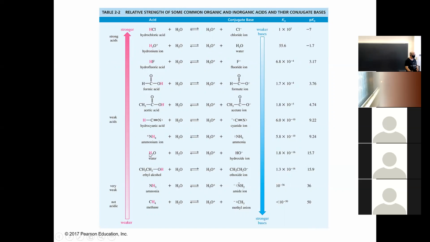It's a little more than halfway down the chart. Anything down here, ethoxide, amide, methyl anion, cannot exist in water. If you put those salts in water, they're immediately going to grab a hydrogen from water and become hydroxide. So hydroxide is the strongest base that can exist in water.